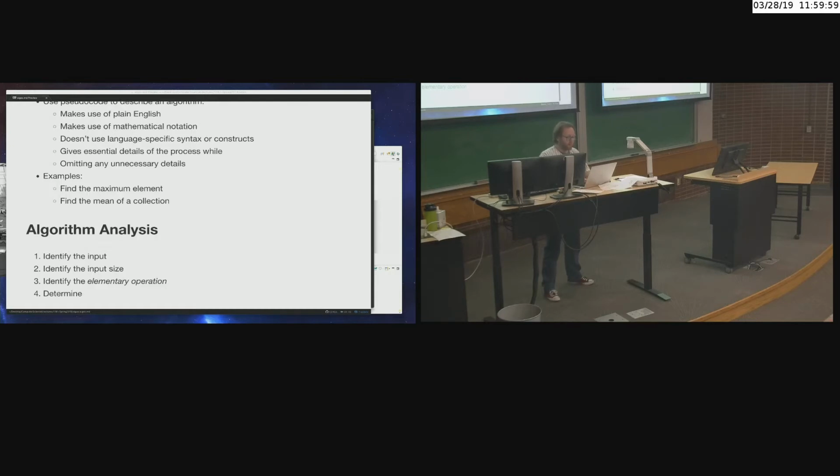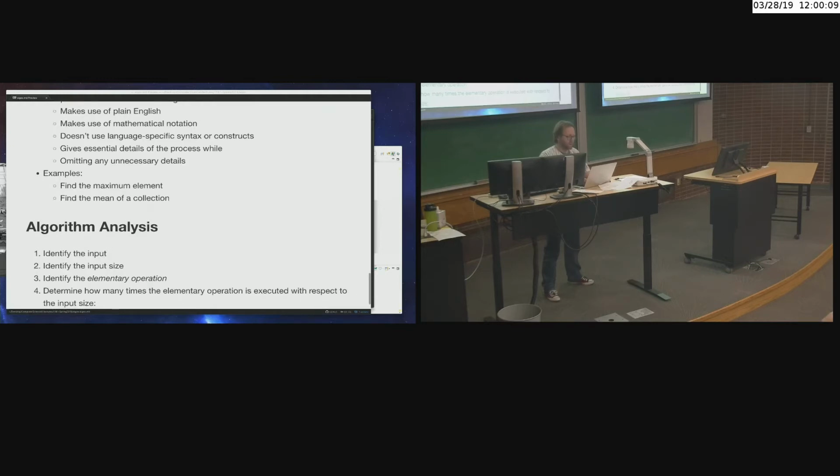Step 4, you need to determine how many times the elementary operation is executed with respect to the input size. In other words, you come up with a function. You can say T(n), where n is the input size.